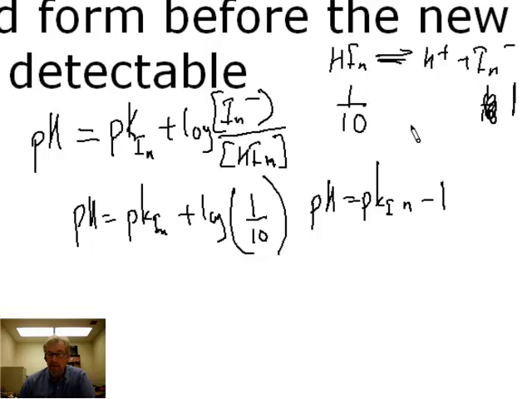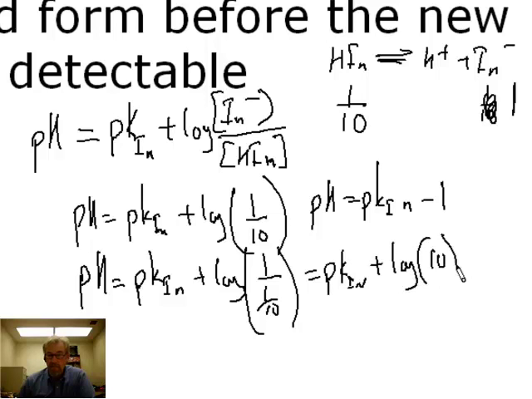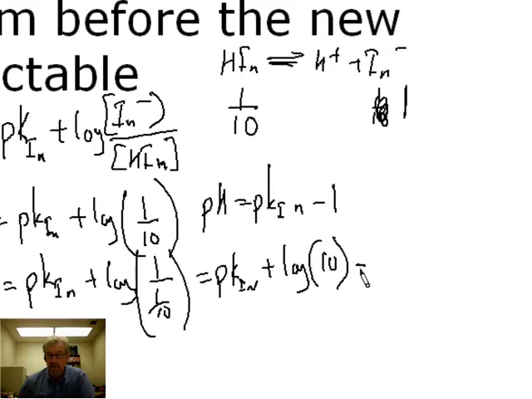So in that case, the pH at that color change would be pKin plus the base 10 logarithm of 1 over 1/10. But that would be equal to pKin plus the base 10 logarithm of 10. Well, the log of 10 is 1, and so this would mean pH was equal to pKin plus 1.